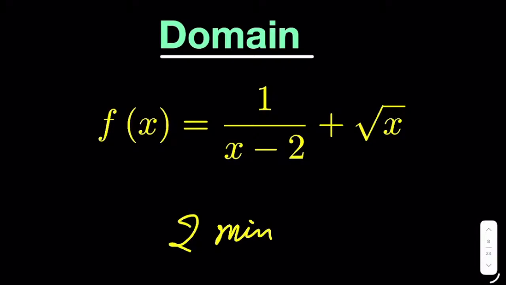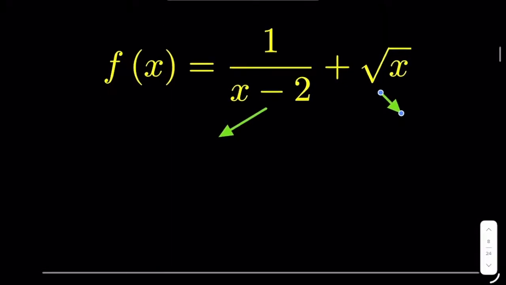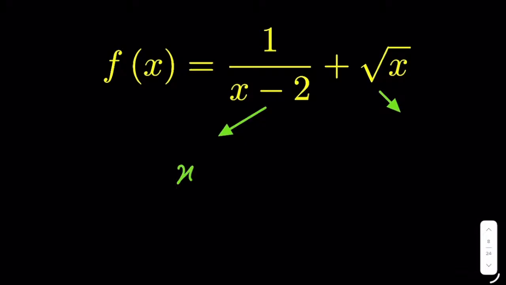Come on everyone. This question is very simple basically. First of all, focus on this part, and after that, this part. The first part is defined if x minus 2 is not equal to 0, and this one says greater than or equal to 0.